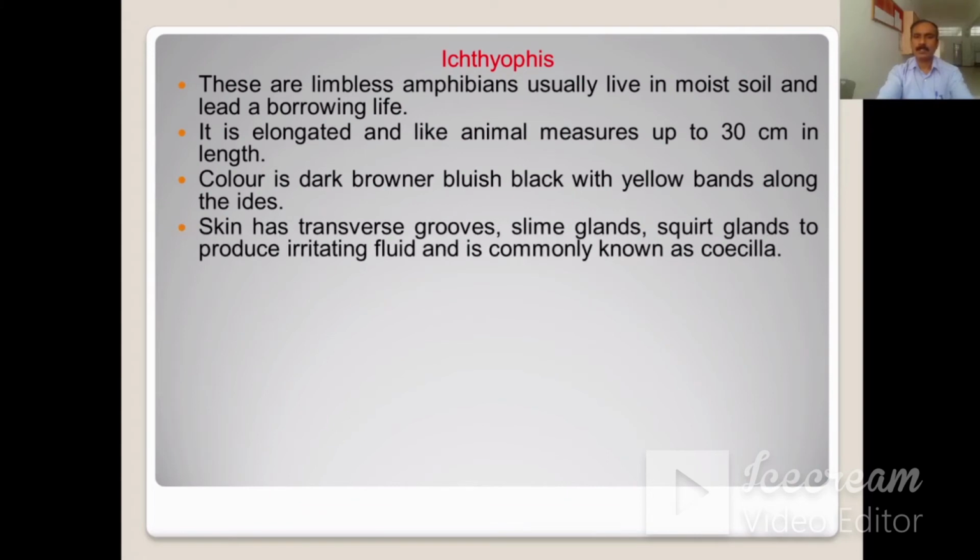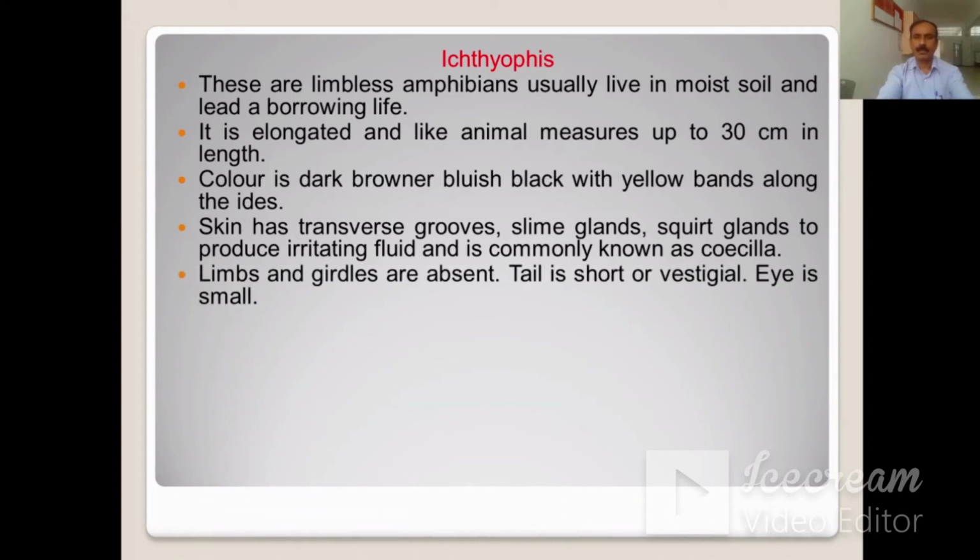The skin has transverse folds, slime glands, and skin glands to produce irritating fluid, and it is commonly known as caecilian. The limbs and girdles are absent. Tail is short or vestigial. Eye is small.